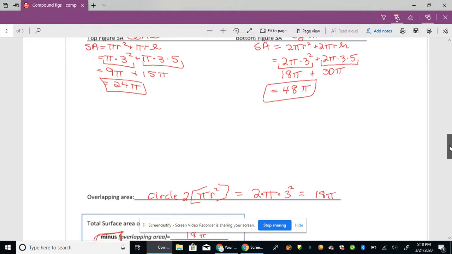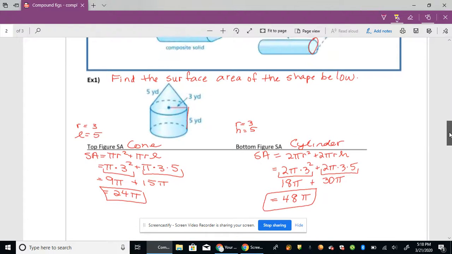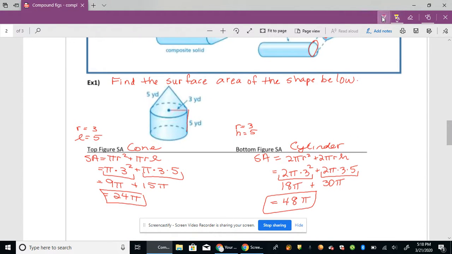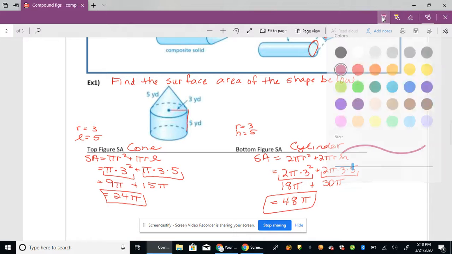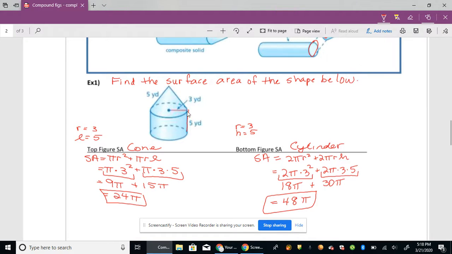Now, here's the problem. We're trying to find the composite shape. So you have to look at the picture and decide where it is overlapping. Right here, that's not a very nice circle, but right there inside, there's the bottom of the cone and the top of the cylinder that overlap. So there's 2 circles that were counted within our equations that we really don't need.